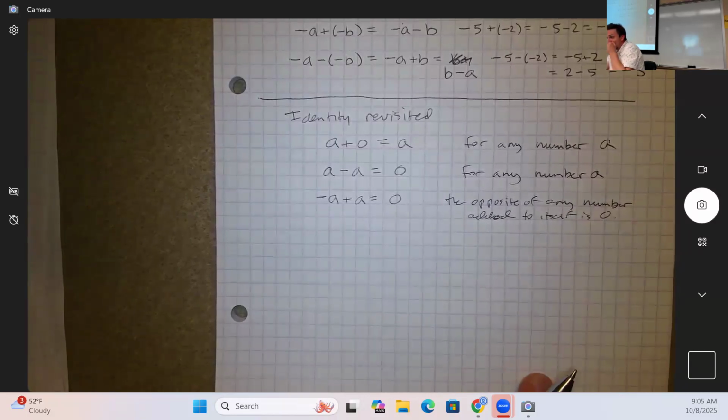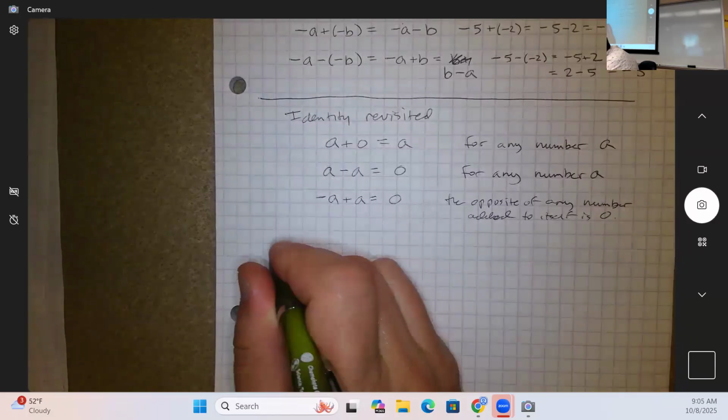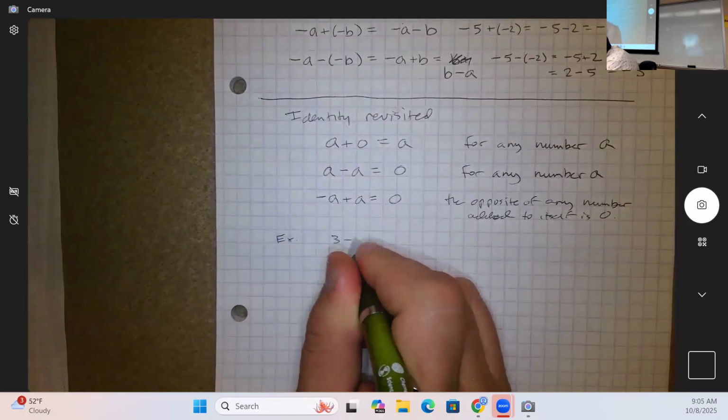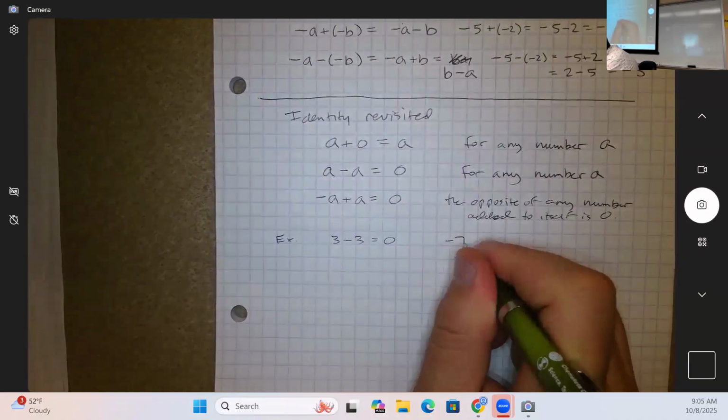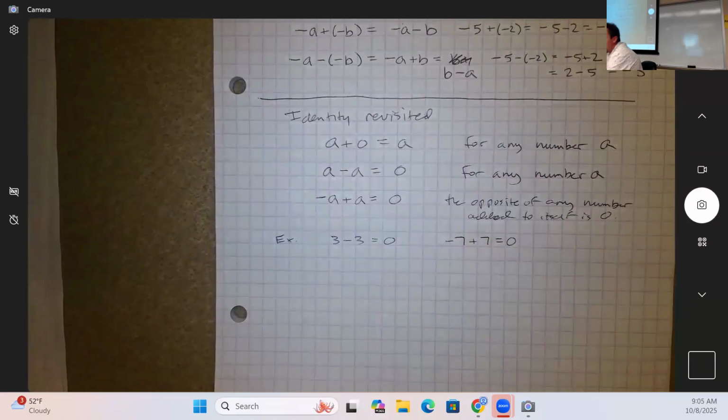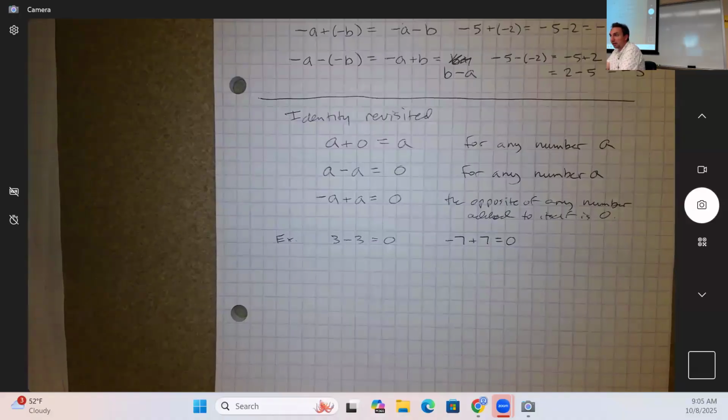And we've used these when solving equations. Examples: 3 minus 3 is 0. -7 plus 7 is 0. All right, any number subtracted from itself is 0. And the opposite of any number added to itself is 0.